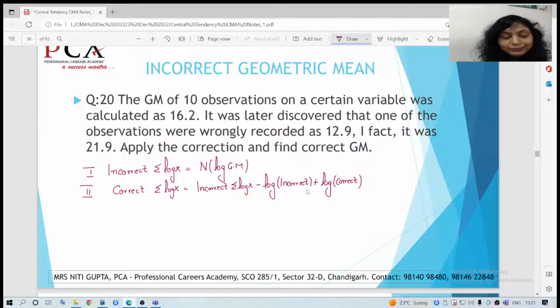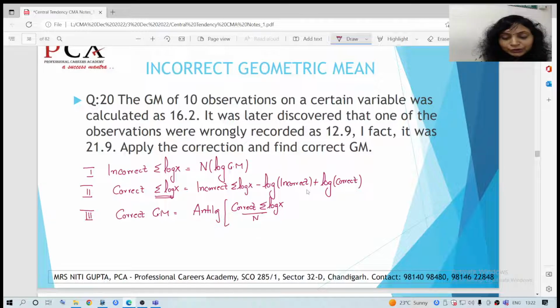By this process you will get the correct summation of log of items. Now you have to find out correct geometric mean, and the formula for correct geometric mean is antilog of correct summation log x upon n.